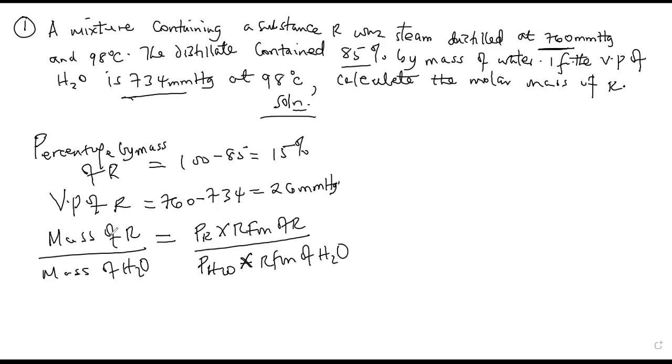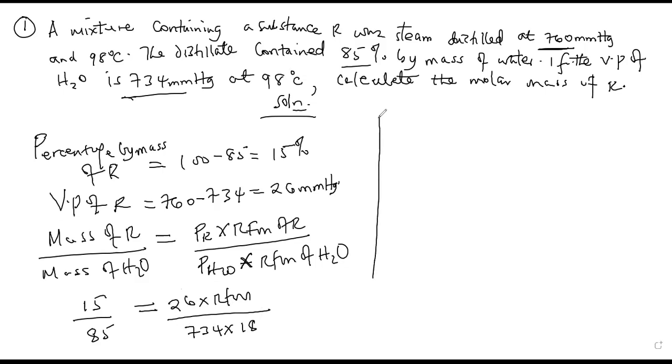Mass of R is 15% over mass of water is 85% by mass. So this is equal to partial pressure of R, which is 26, times its relative formula mass, over partial pressure of water, 734, times molecular mass of water, which is 18.